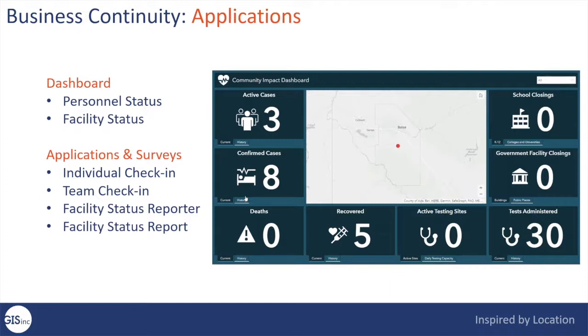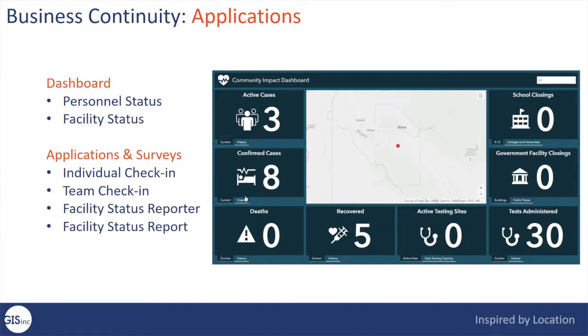Those will be presented to you in a dashboard form, similar to what you see here on the screen. And then there's going to be several applications to help you collect information and report back on that information, like individual and team check-in or facility reporter or facility status report applications. All of these tools will be given to you within this solution.